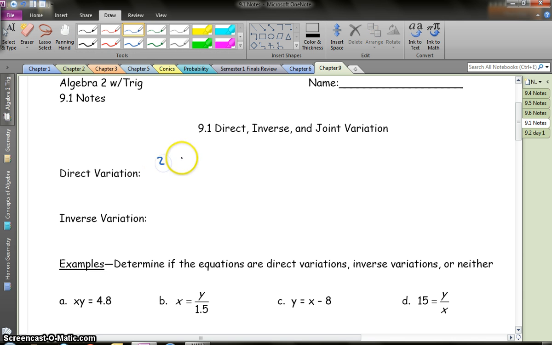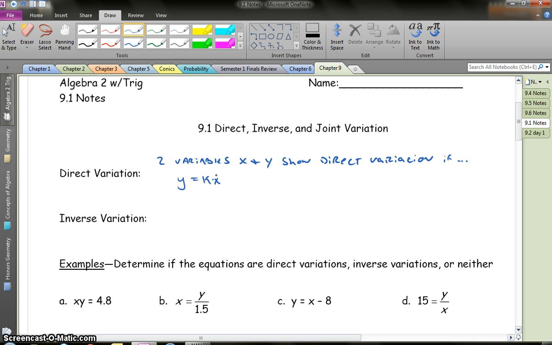And what it says is two variables, in this case x and y, show direct variation if y equals k times x. And remember, we would get a y and an x, we would solve for k, then we'd go back and write our new equation with k. Alright, so we did that back in Chapter 2, but we're going to review it here today.